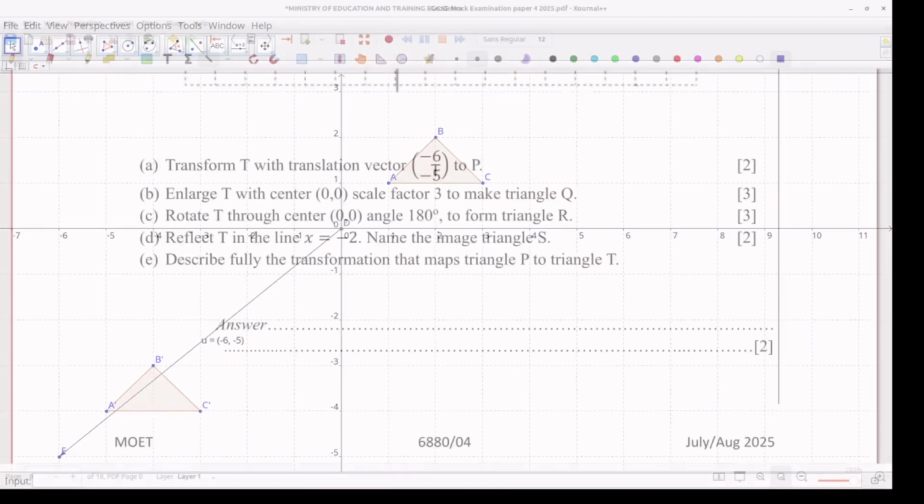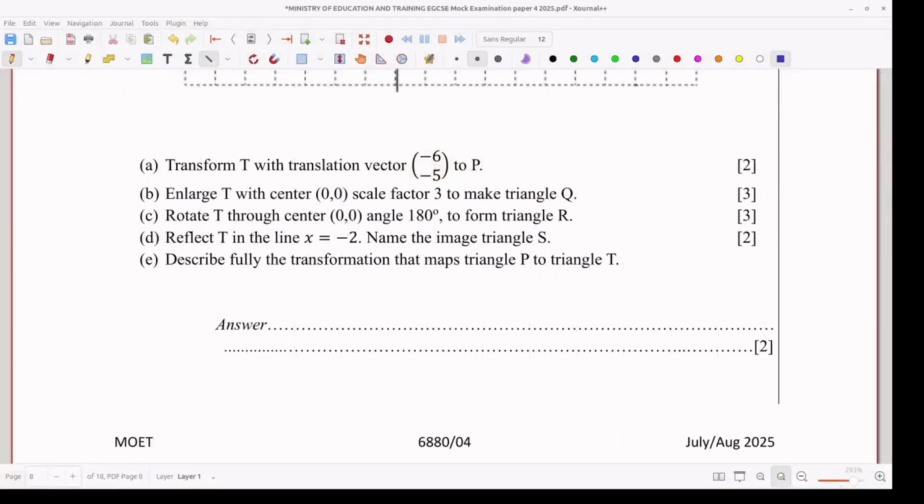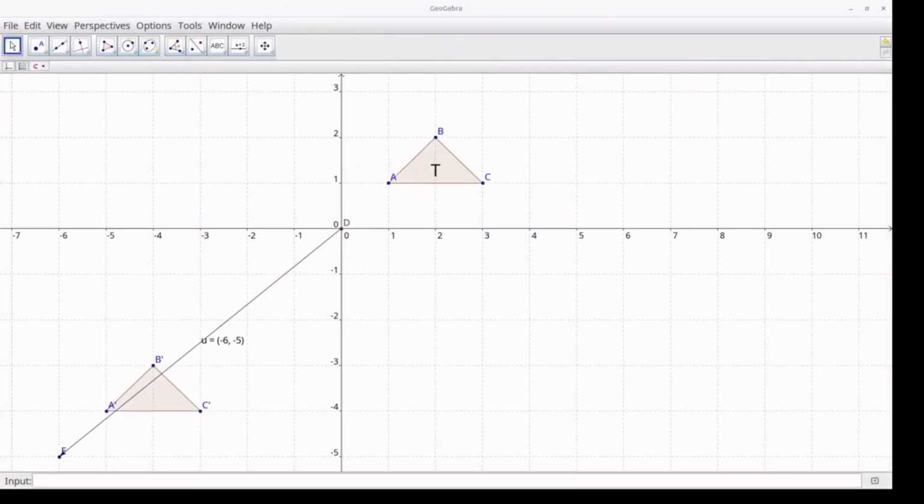Back to the question. You are required to enlarge with a scale factor 3 around the point (0, 0). So we can do it directly on GeoGebra. Let's go to GeoGebra to enlarge.